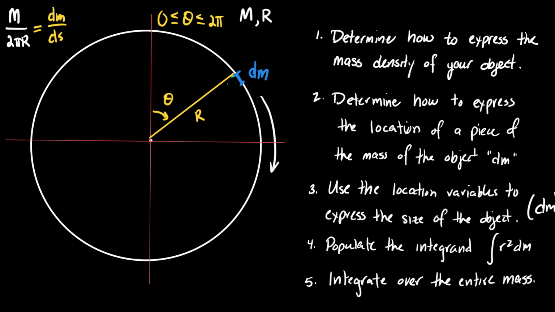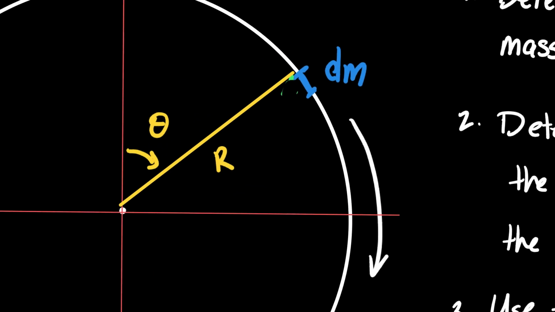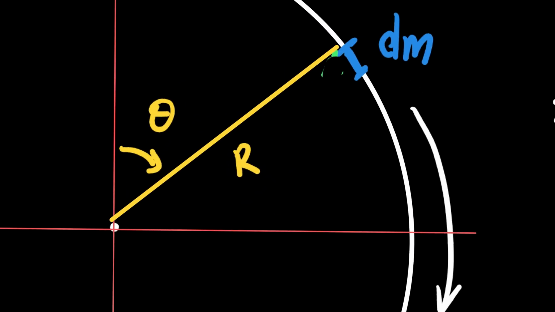All right. We need to use our location variables to describe the size of dm. Now this part tends to be tough, but I'm looking at what appears to be a small piece of arc length that I'll say is ds. S is a traditional letter used for arc length. And this from here to here is our arc length.